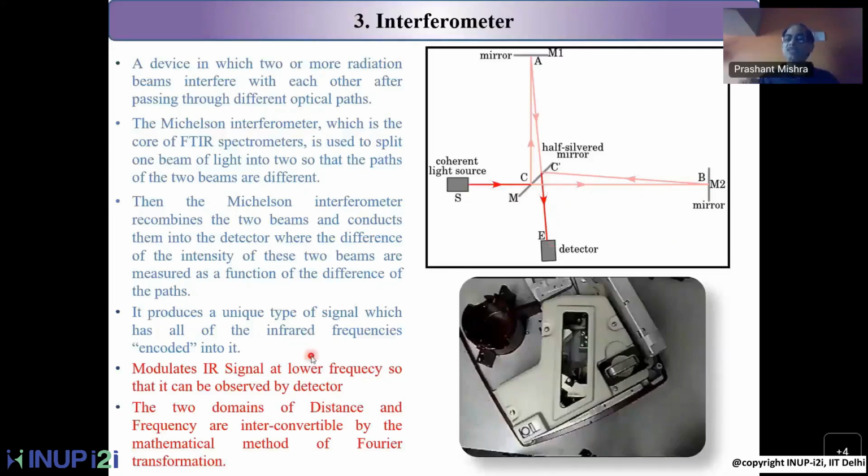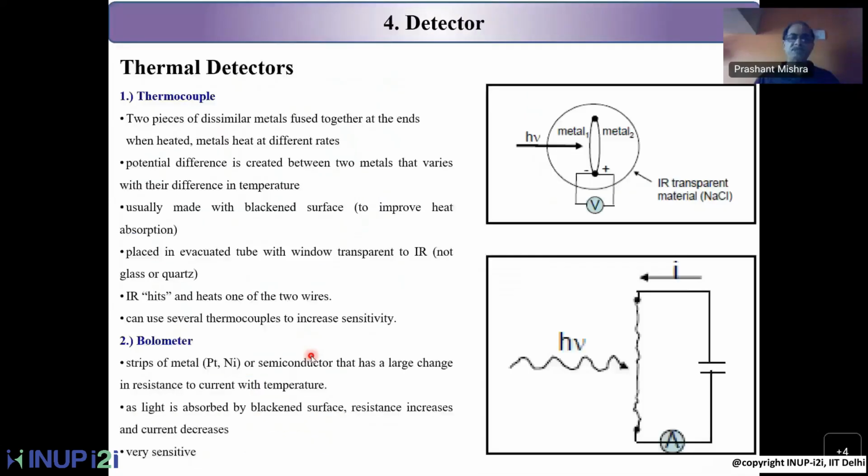So instead of selecting a particular frequency, you are sending all the frequencies, and that is what is going to be recorded. Now, it modulates the IR signal at lower frequencies so that it can be observed by the detectors. The major job of this interferometer is to modulate your IR signal. And then finally, the two domains are interconvertible by a mathematical method of Fourier transformation.